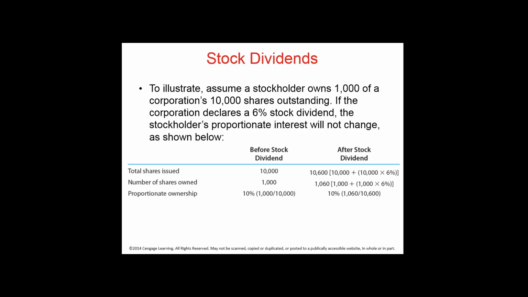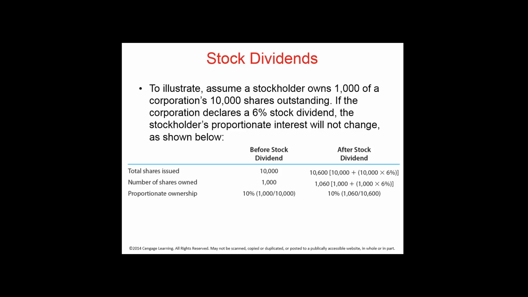Okay, now let's look at how a stock dividend affects the overall picture. We have 10,000 shares outstanding. We've declared a 6% stock dividend. Even though each shareholder is now going to own more stock than they did before, it's not going to change their proportionate, their percentage share of the total stock outstanding.